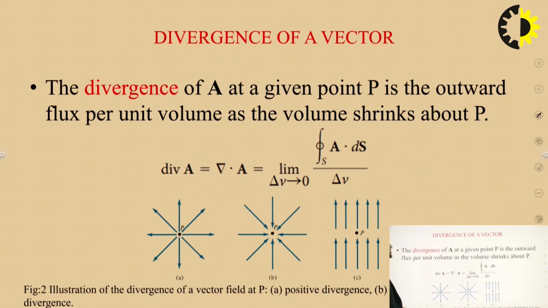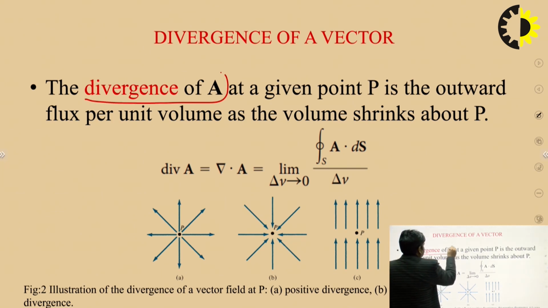So the next topic is the divergence of a vector. There is quite a difference between gradient and divergence. Divergence is always taken of a vector field, and the output is a scalar field.